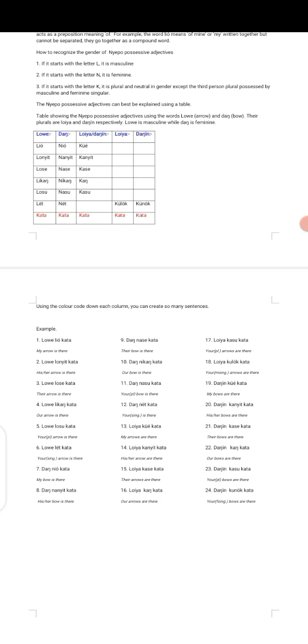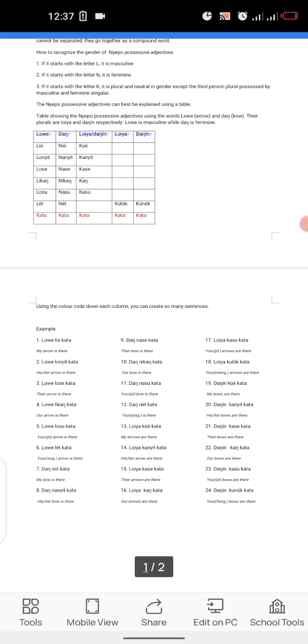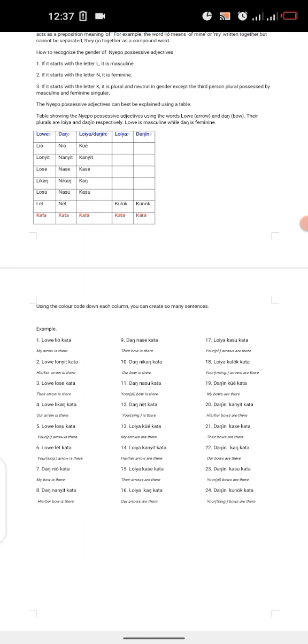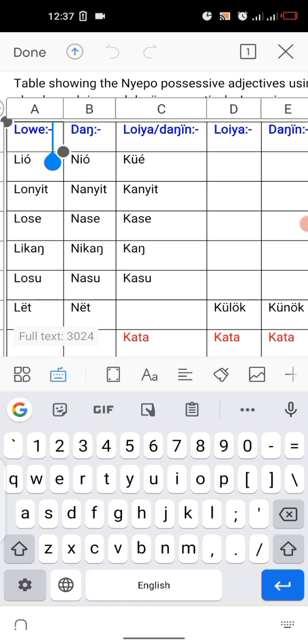Lowe is masculine while dang is feminine. So here in the first column, we have lowe, then down, we have lower.